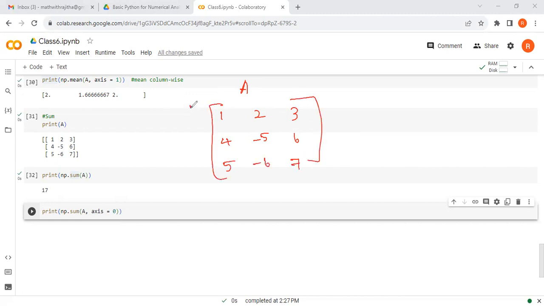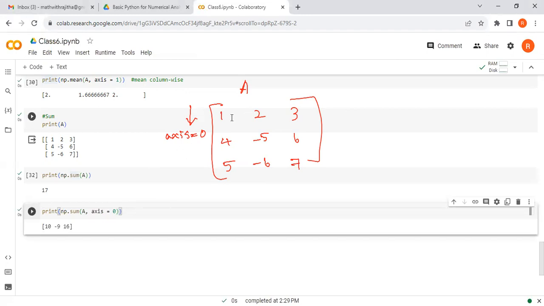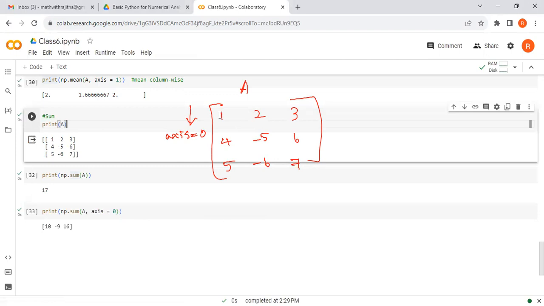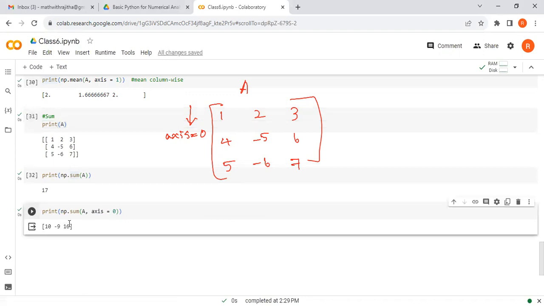Along axis 0, you can add things up. When you add up the columns, you will get this, for example the first column 1 plus 4 plus 5 is 10. Same with the second column, you will get -9. Third column, you will get 16.